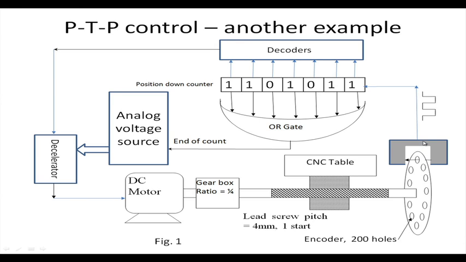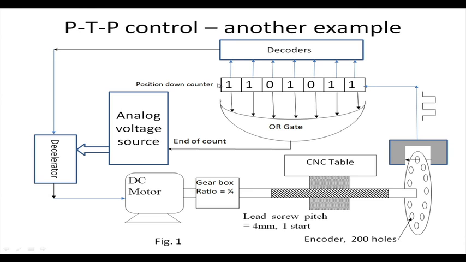This loop is obtained from the encoder through an LED, that means light emitting device, with a photoreceptor and a pulse generator to ultimately give us voltage pulses here corresponding to each and every hole present on the encoder. When one hole is coming here, light is emitted from this side, received by the photoreceptor, and a corresponding pulse is generated.